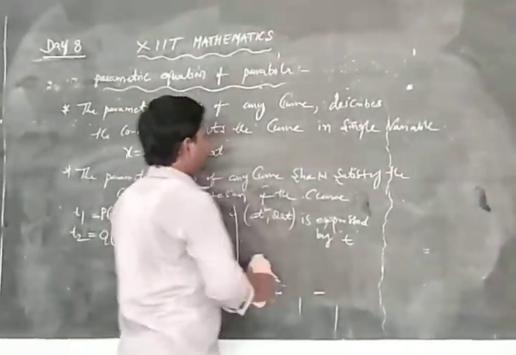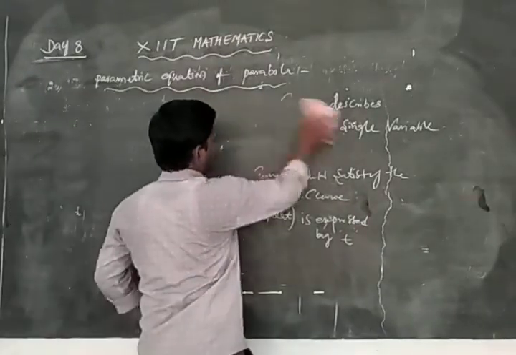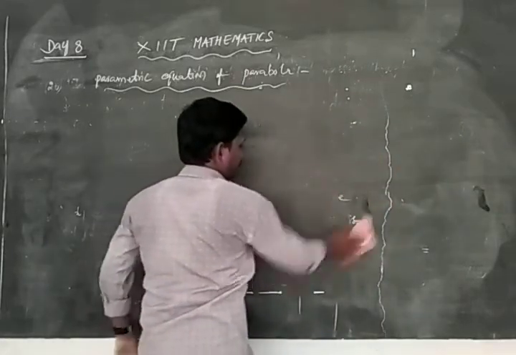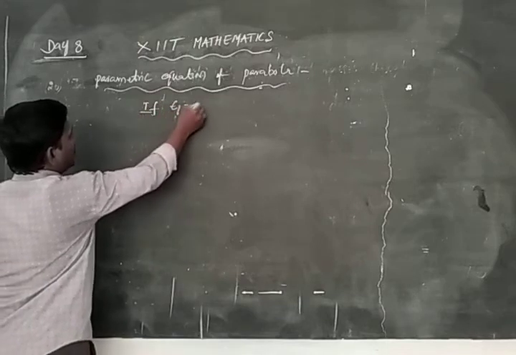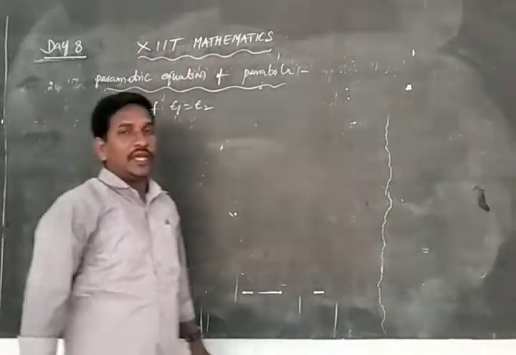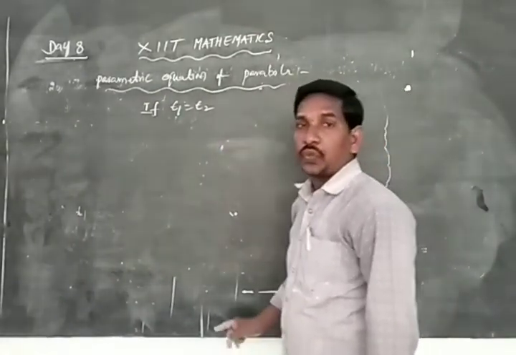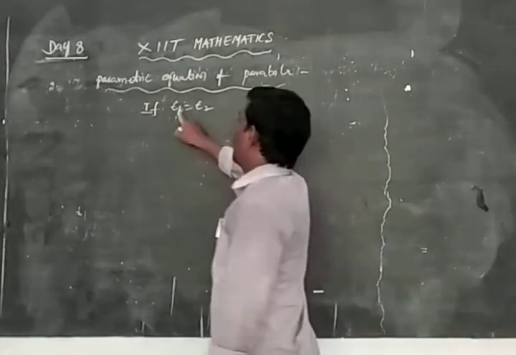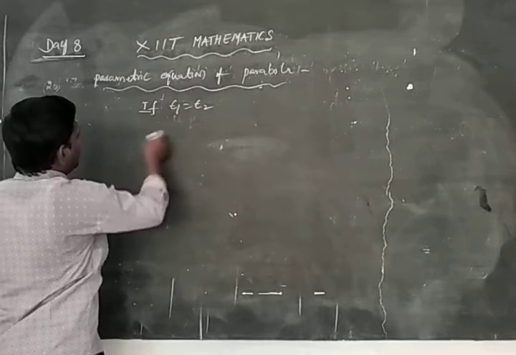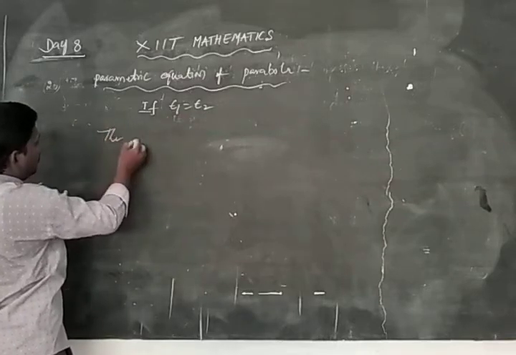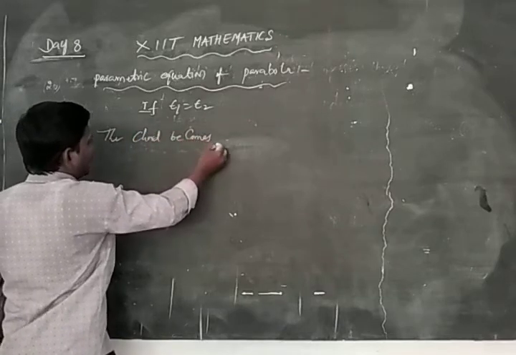So if t1 equal to t2, a t1 square comma 2a t1 equal to a t2 square comma 2a t2. If t1 equal to t2, the curve becomes tangent.